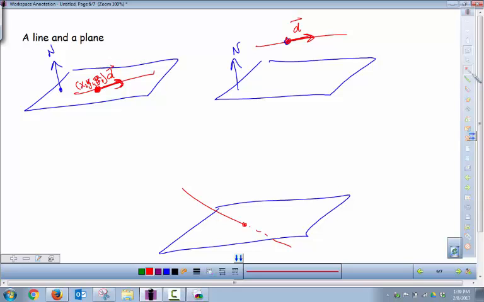Okay. So what you could do is once you find a point on the line, you can dot it with the normal.